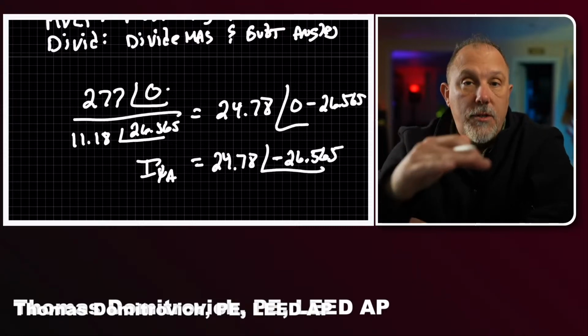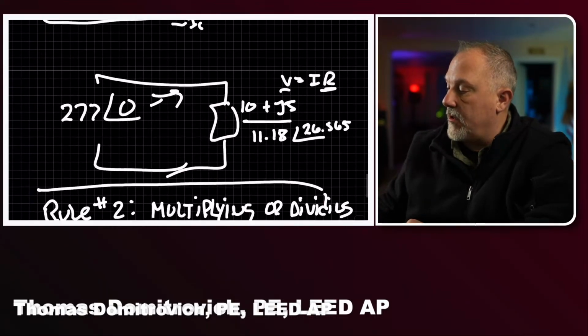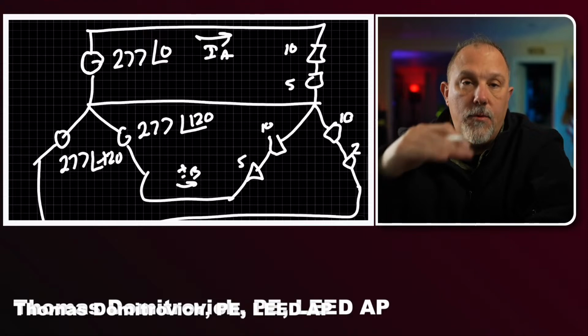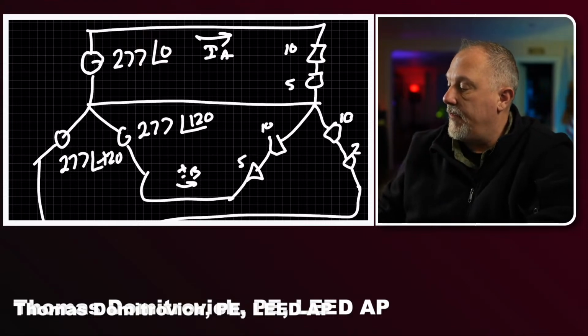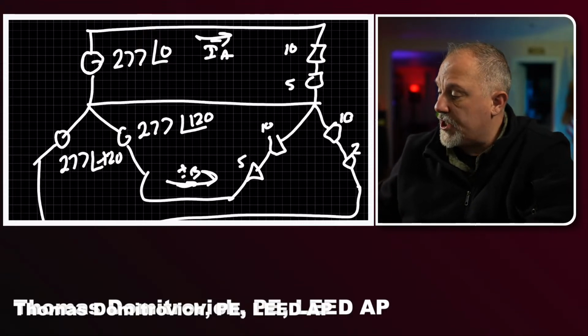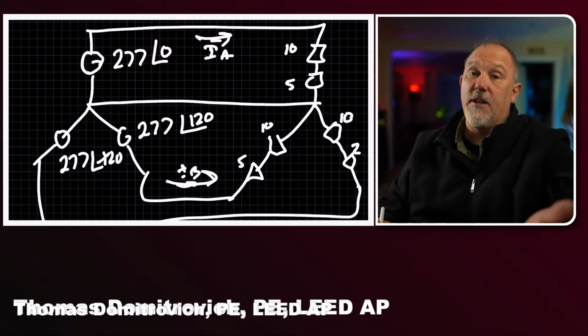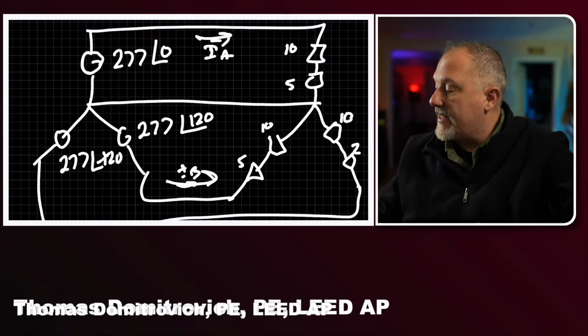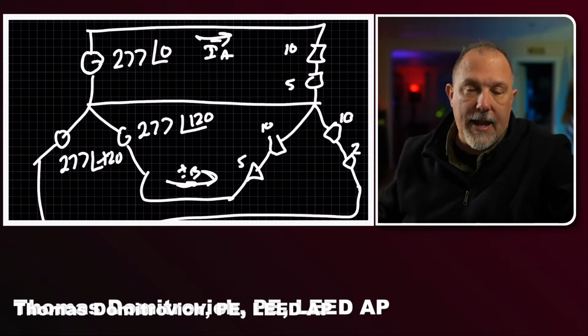And so what you would do, if I go back up to our little diagram, I would calculate the phase current A, calculate the phase current in B, which A and B should be pretty much all the same math. Now C has a different angle to the load, 10 plus J2.